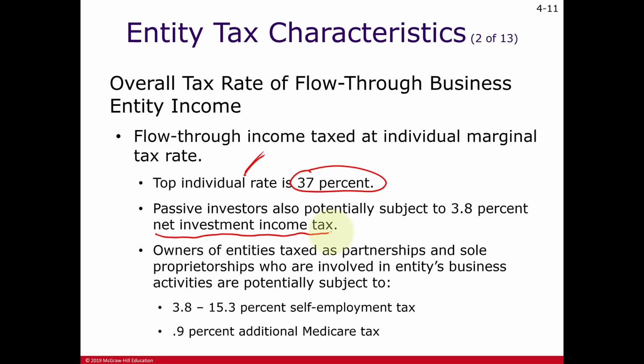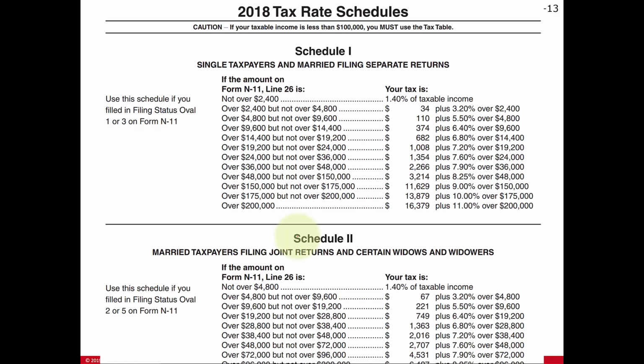So one additional tax that was created is this net investment income tax that subjects high income taxpayers to a 3.8% tax rate, not on all of their income, but investment income. So let me show you a short part of the form here.